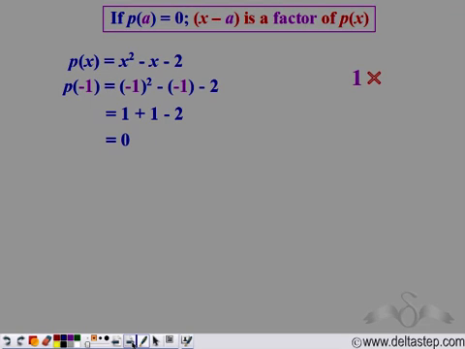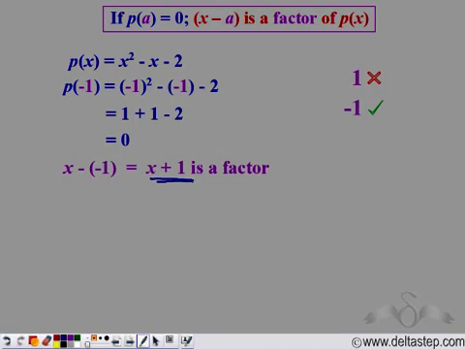So P(-1) is 0. So if P(a) is 0, x minus a is a factor. So if P(-1) is 0, then x minus (-1) should be a factor. That is, x plus 1 should be a factor of P(x).